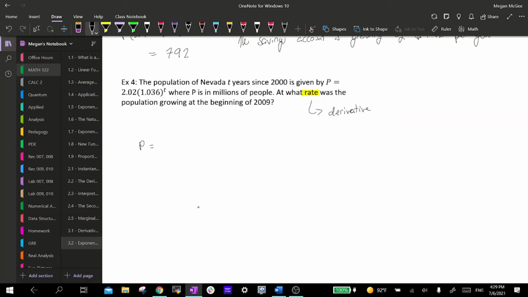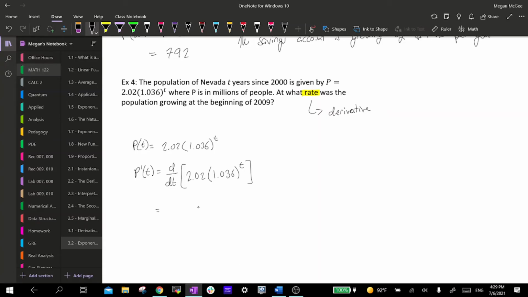So we have p is equal to 2.02 times 1.036 to the t. So this is a function of t, so really it's p of t. So we can go ahead and take the derivative with respect to t. So p prime of t is the derivative with respect to t of 2.02 times 1.036 to the t.